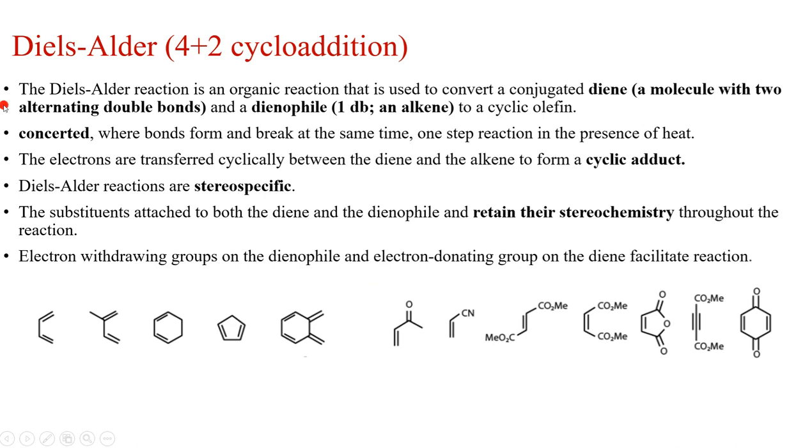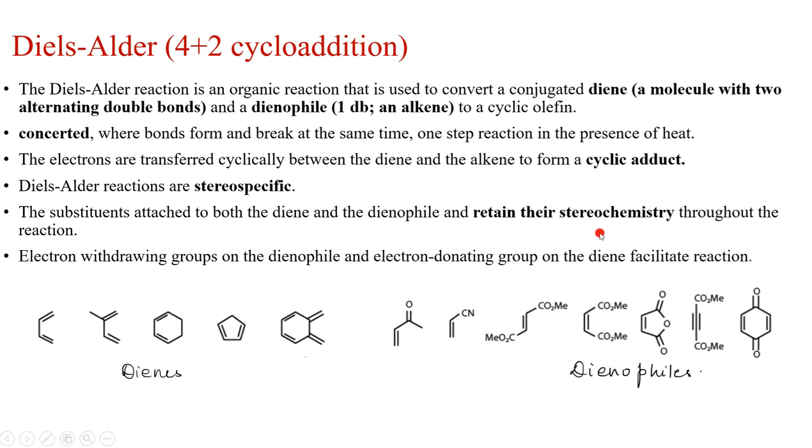Now see, these are some of the points, the same thing that I told you. These are some examples of dienes and dienophiles. Here are all dienes and these are all dienophiles. So diene system, dienophile system, and of course this is cycloaddition, a concerted, pericyclic reaction.